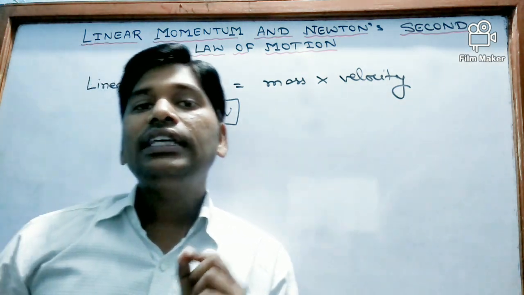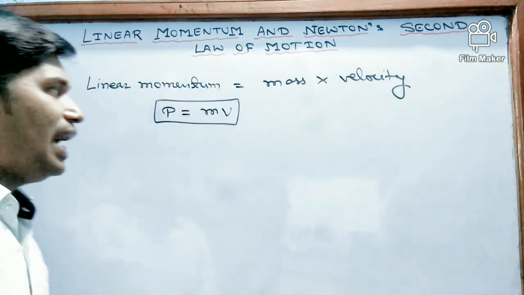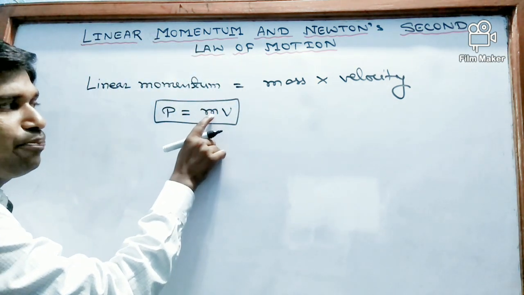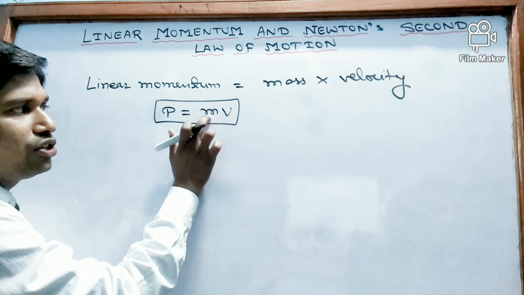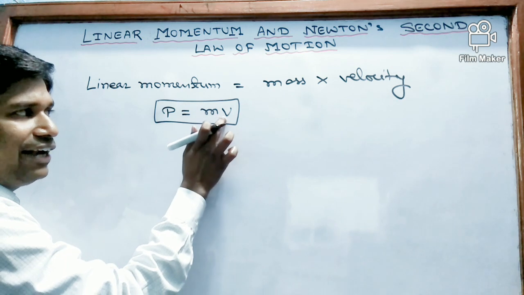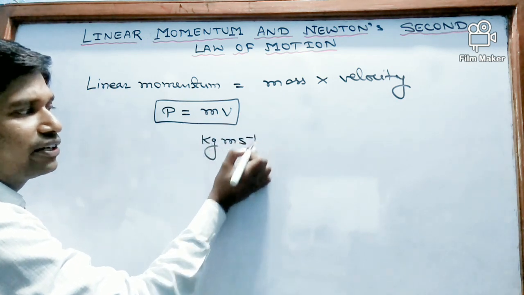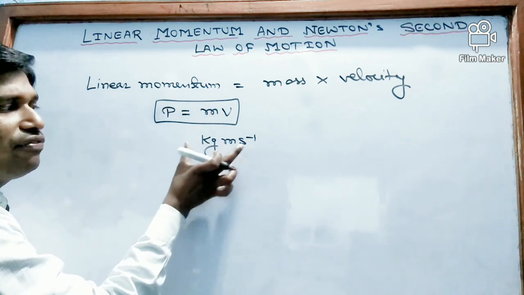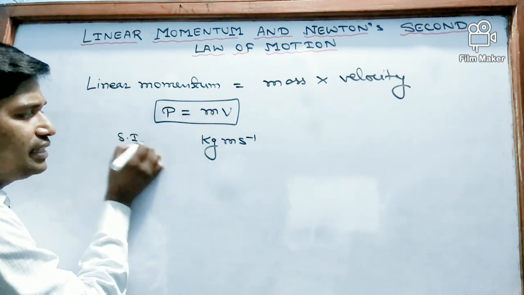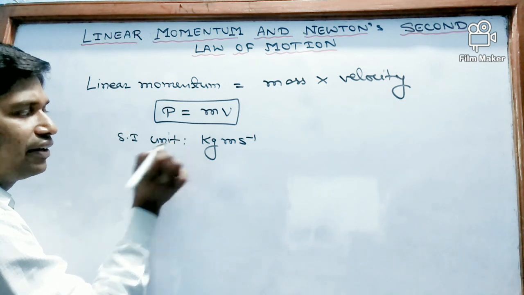Let us see the SI unit of linear momentum. As the linear momentum is the product of mass and velocity, mass of a body is measured in kilogram and velocity is measured in meter per second. So the SI unit of linear momentum is kg meter per second.